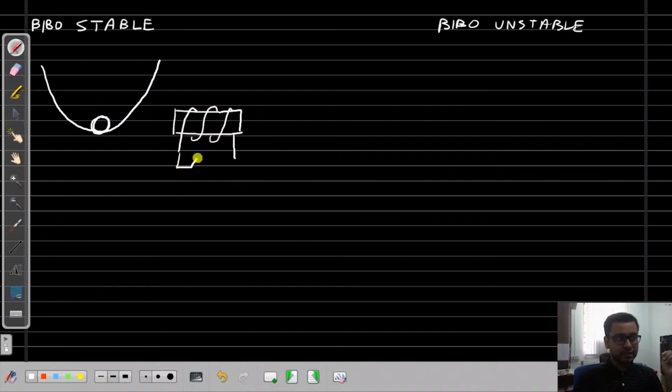Now if you pass some current through this coil, then it will get magnetized and this sphere inside the bowl will be attracted.